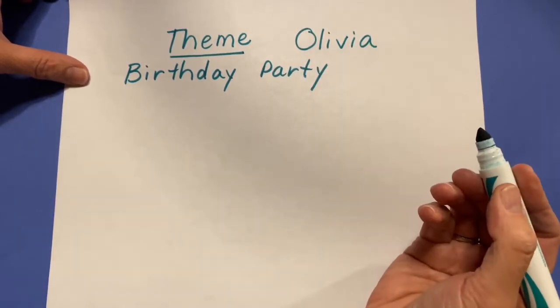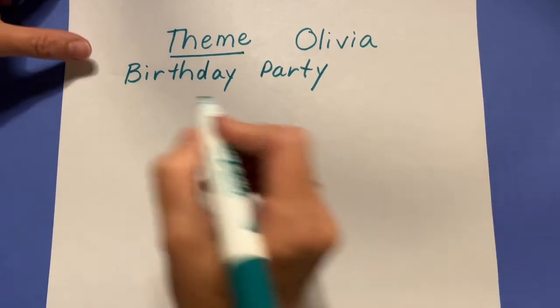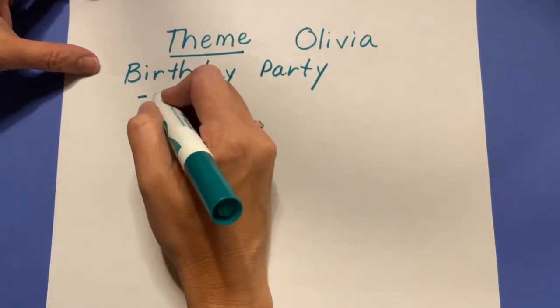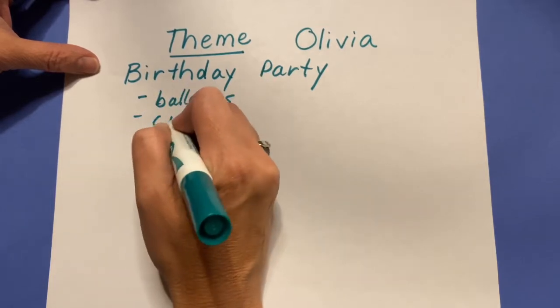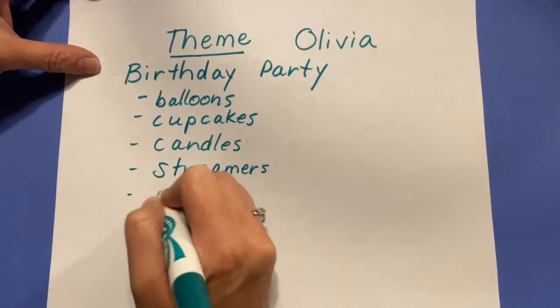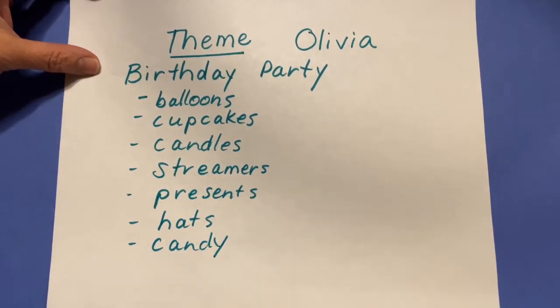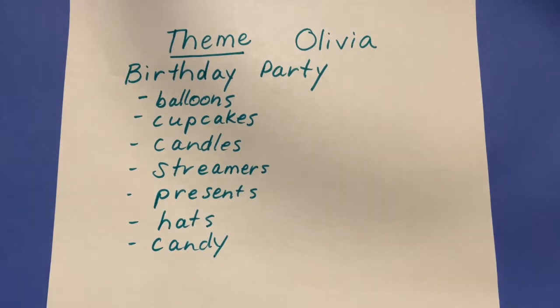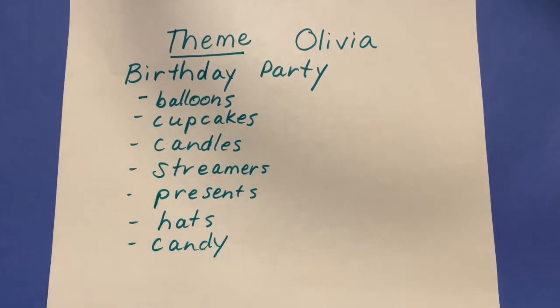Then I want to brainstorm all of the things that you might see at a birthday party. For example, balloons, cupcakes, or a cake, and probably quite a few other things that you could think of when you think of the idea of a birthday party. So that's going to be our theme.